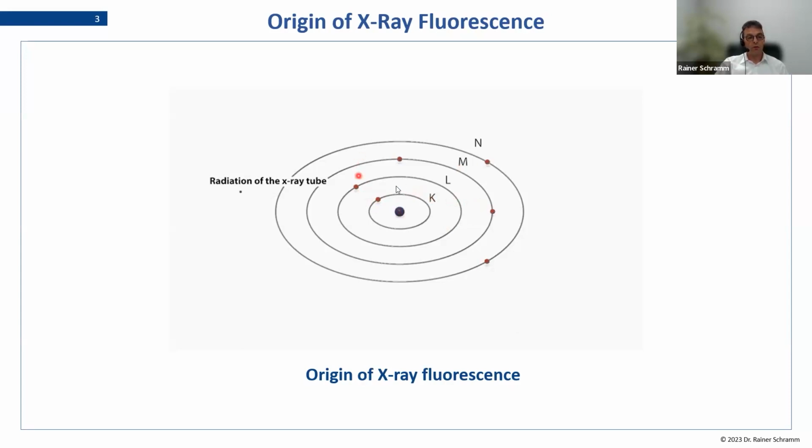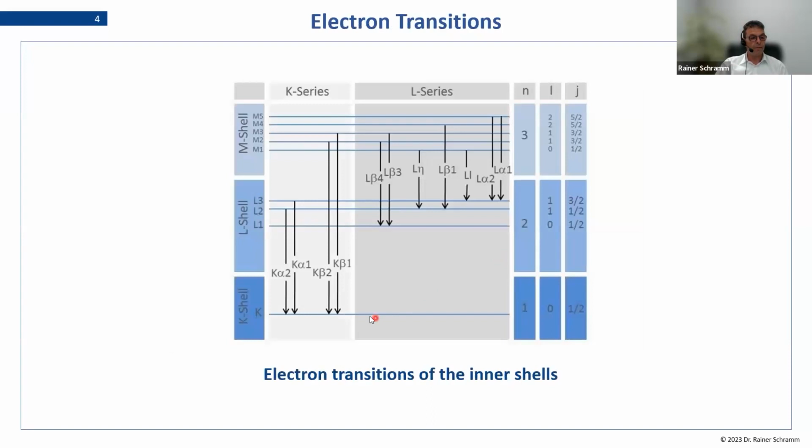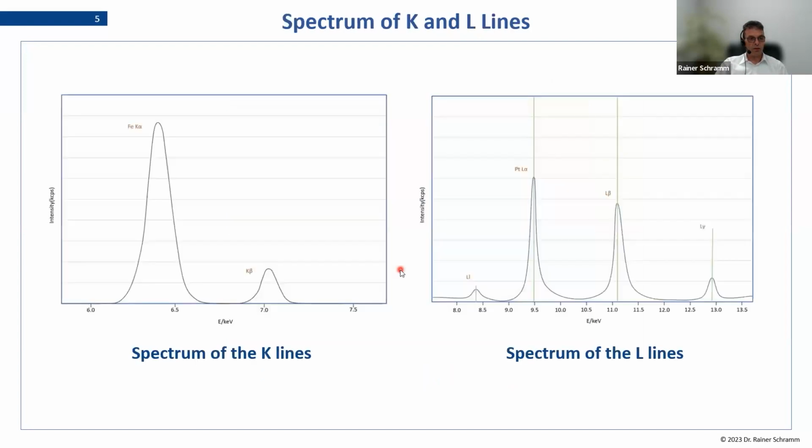Then other electrons from higher levels will fill up that gap, and this could result in fluorescence radiation. So if we see it here, the inner shell is ionized, that means the electron is taken out. Then there is a possibility that electrons from higher levels will fill that gap, and then the corresponding radiation is sent out as fluorescence radiation.